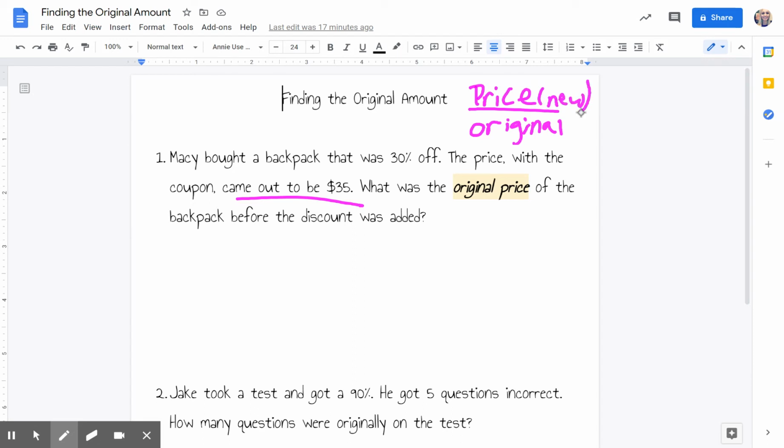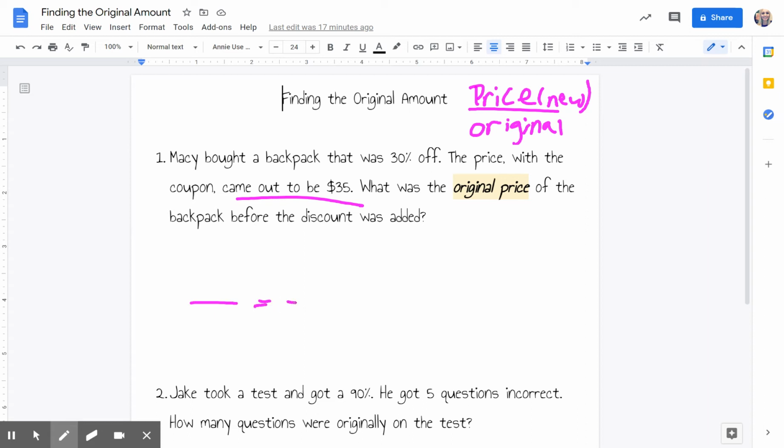But now look at it. Macy bought a backpack that was 30% off. The price with the coupon came out to be $35. So that's the amount that she paid. It wasn't originally $35. We can all agree that if she used a 30% off coupon and paid $35, the original price has to be more than $35, right?